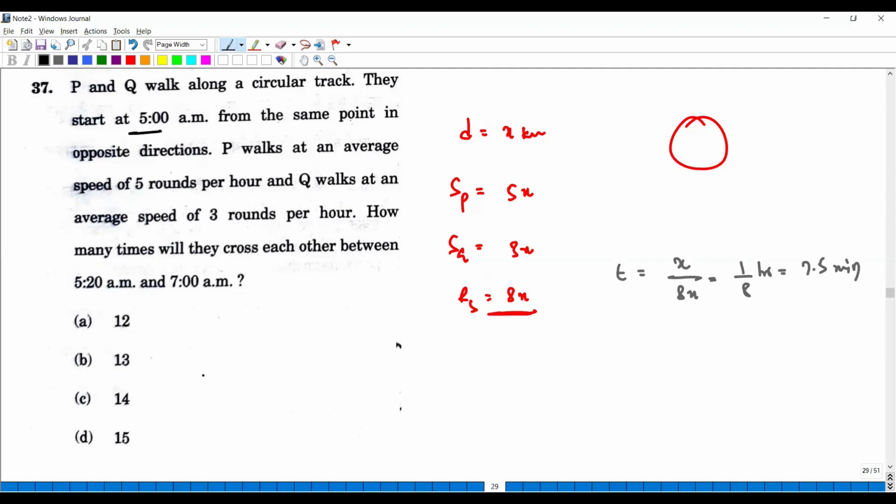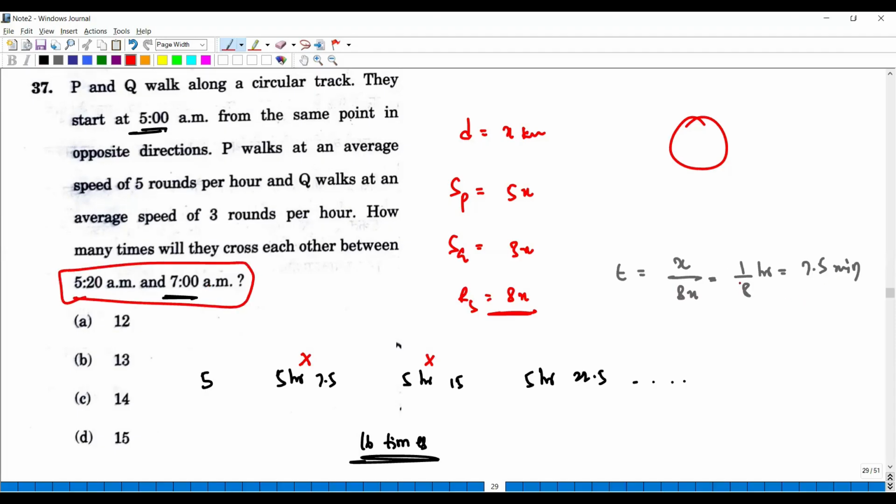So if they start at 5, they meet at 5 hours 7.5 minutes, 5 hours 15 minutes, 5 hours 22.5 minutes, and so on like that. And if you take it in totality from 5 to 7, they'll meet 16 times. In 1 hour, 8 times means in 2 hours, they'll meet 16 times.